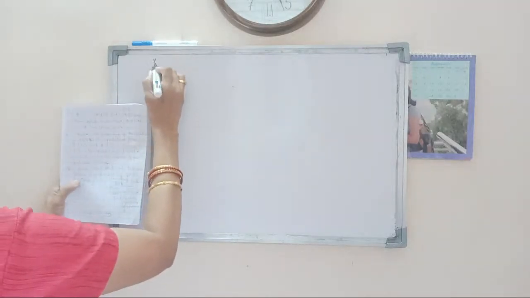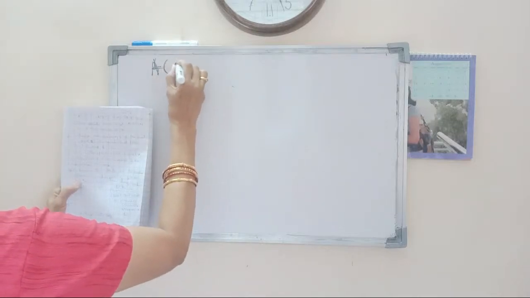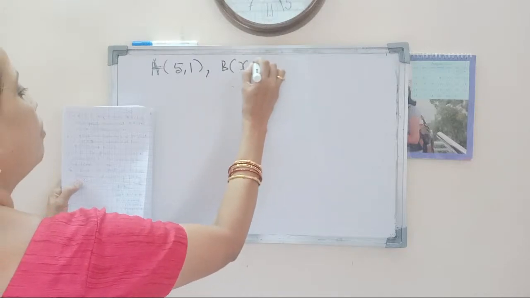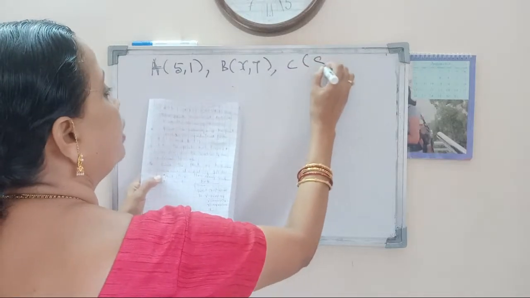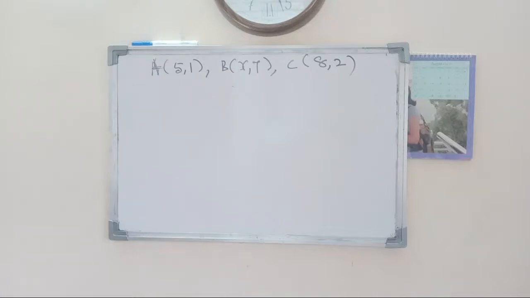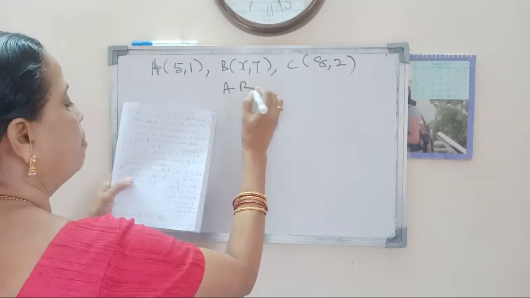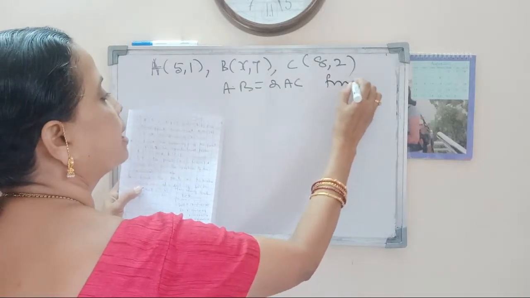Points A 5 comma 1, B x comma 7, C 8 comma 2 are 3 points such that AB equals 2AC, find x.